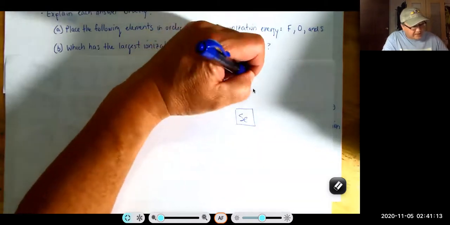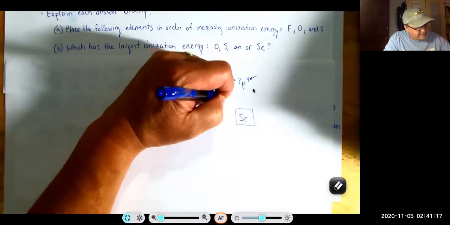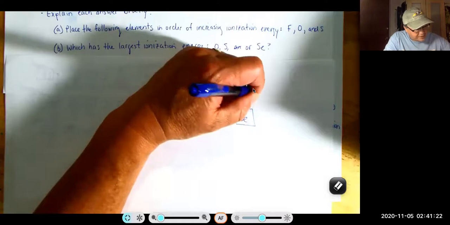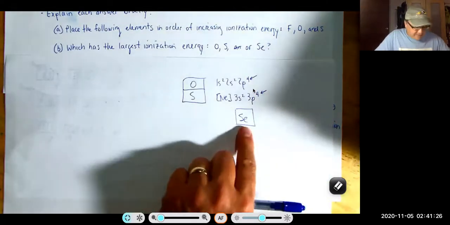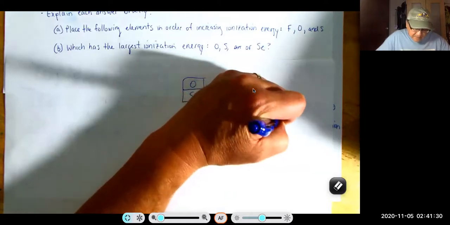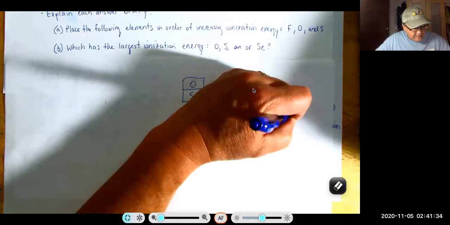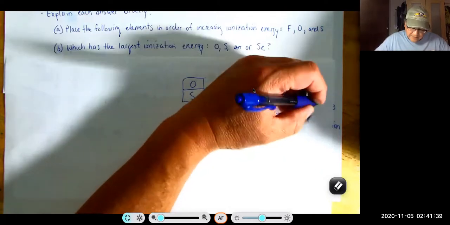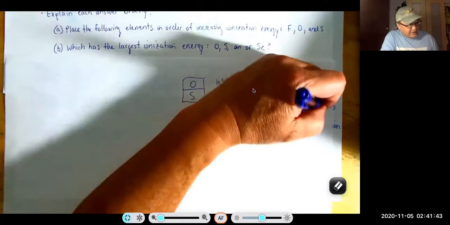You're taking away that electron. Sulfur is neon, 3s2, 3p4. So you're taking a third shell electron. And selenium is argon, 3d10, 4s2, 4p4. So you're taking a fourth shell electron.